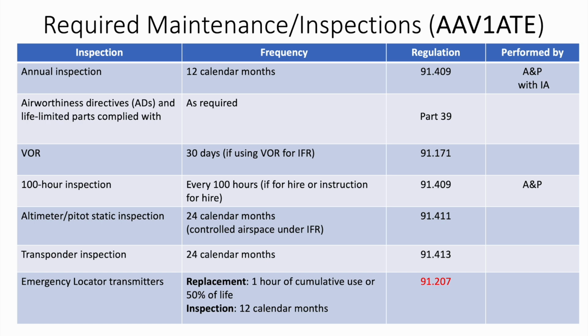All right, here's a fun one. So this is a table of required maintenance or inspections on your aircraft. Most common way to remember this is AVIATE. Instead of an I, it's a 1, and we'll talk about what that means. So going down the list, an annual inspection is required annually, every 12 calendar months.